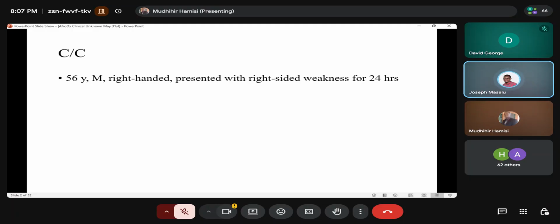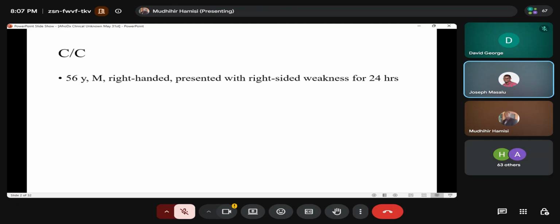When we say duration, we want to categorize a disease which occurs abruptly, where the diagnosis will be different from a disease which progresses chronically. This patient says right-sided weakness started 24 hours ago, but you have to ask, how was it?